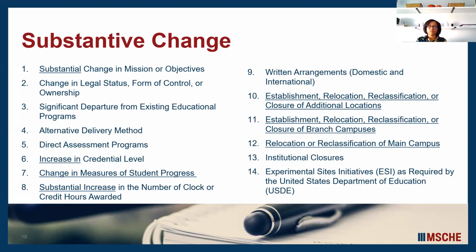Distance education is the most popular in this category. And so I'll define distance education because it seems to be what everyone wants to know more about. Distance education is when 50% or more of the program will be offered through distance education. So what does that mean? That means the 50% applies to all the program requirements, including general education in the core curriculum courses.